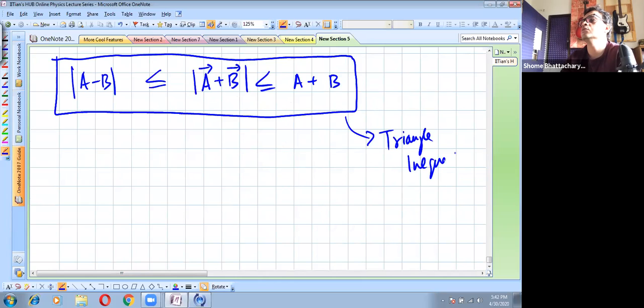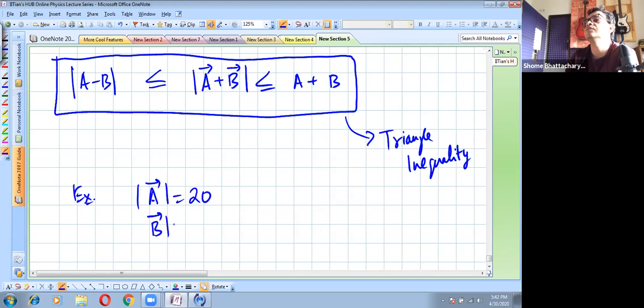So just as an example, if the magnitude of the vector A is, let us say, 20, and the magnitude of the vector B is, let us say, 15. That means the magnitude of A plus B, even though I don't know the angle between them right now, I know the range of values. In no circumstance can it be greater than 35, and in no circumstance can it be less than 5.